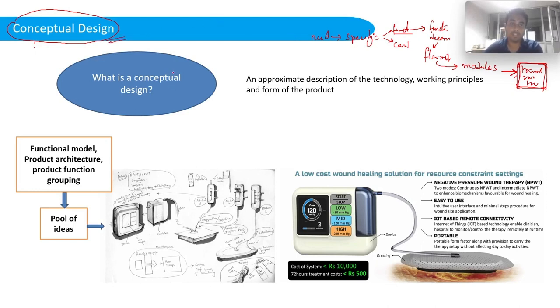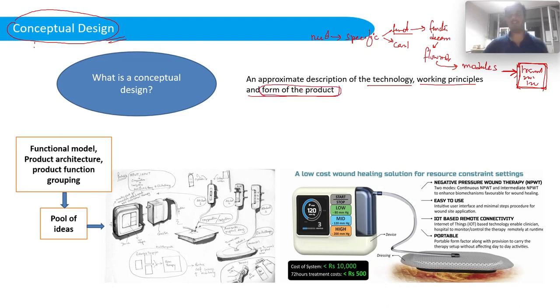So what is conceptual design basically? Any answer? Okay. So conceptual design is basically an approximate description of the technology, working principle, and the form of the product. So now we are considering product form. Earlier we were only discussing product functionalities.